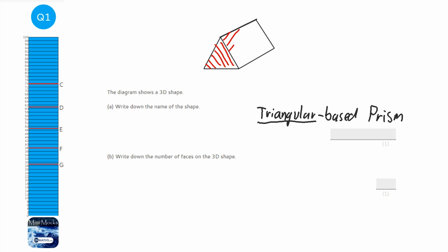Then we've got 1 along here, which is a rectangle. So we've got 2 that we can see, but there is also going to be a third one round here, which is also going to be a rectangle, a fourth one at the bottom, which is going to be a rectangle, and then a 5th one round the back, which is going to be a triangle, just like number 1. So in total there are 5 faces.